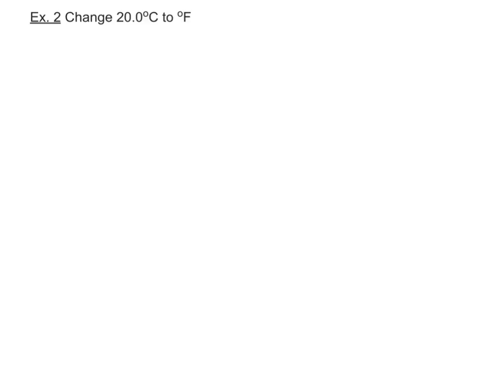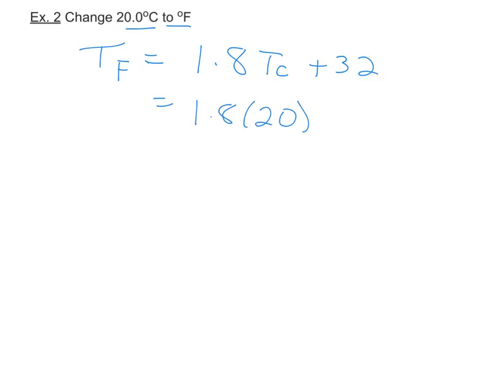So in another example, we can go from Celsius to Fahrenheit. So if we're going to Fahrenheit, that means we're going to be using our Fahrenheit temperature formula. So we know that that's 1.8 times the Celsius temperature plus 32. Okay, and we're given our Celsius temperature is 20 degrees, so 1.8 times 20 plus 32, and 1.8 times 20 is 36, and 36 plus 32 gives us 68.